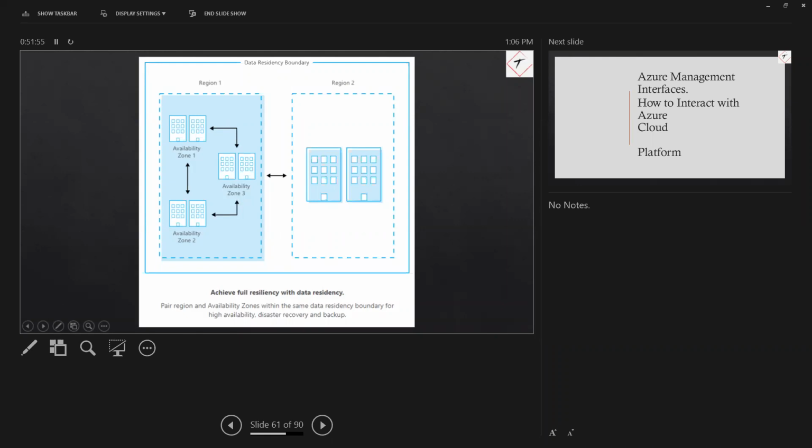So if something happens within this region, it can access data from the different availability zones here. But what if this entire region goes down? Then you have this already available in region two as well. So when you pair these two regions, you are ensuring there is high availability, disaster recovery, and backup.